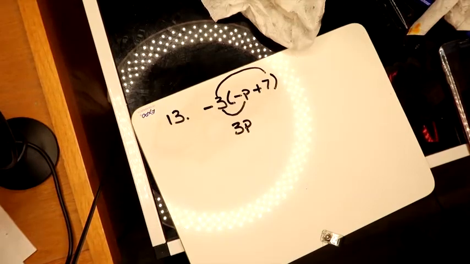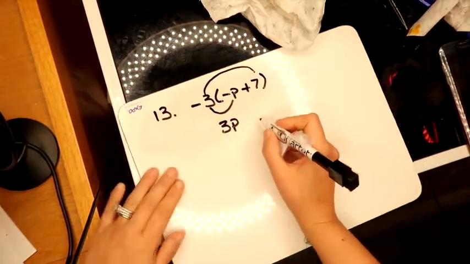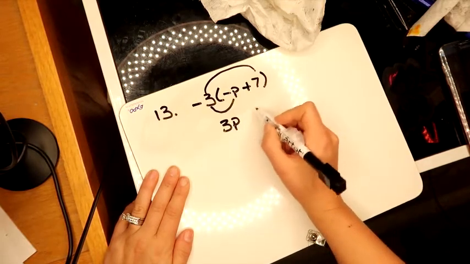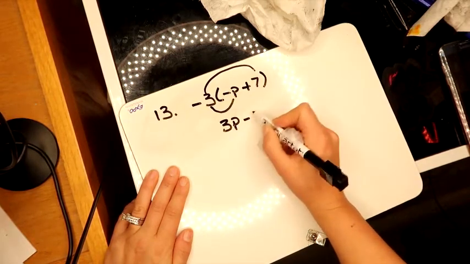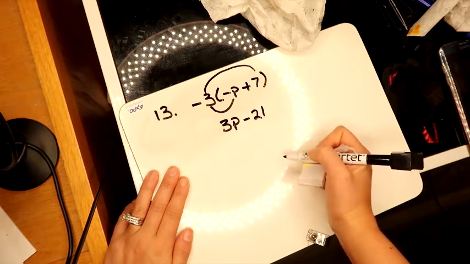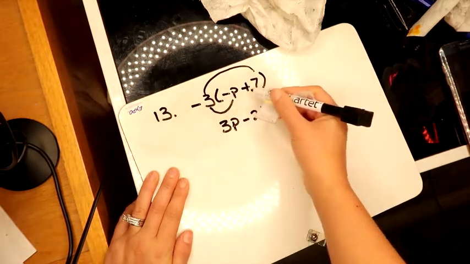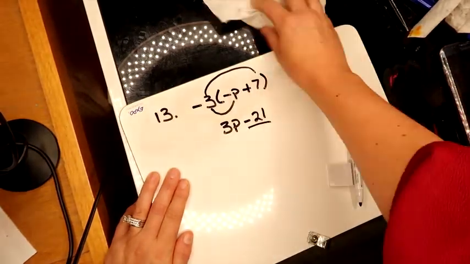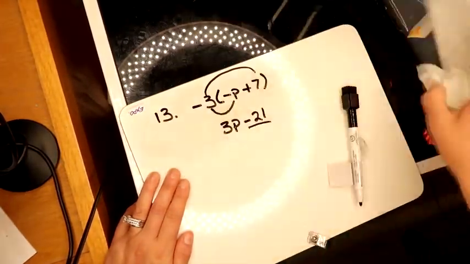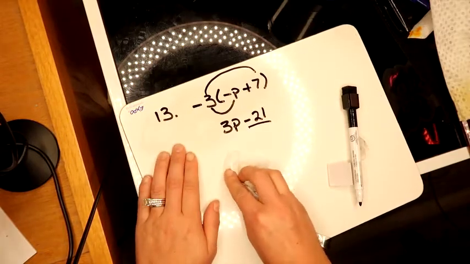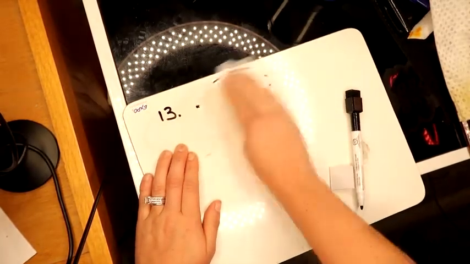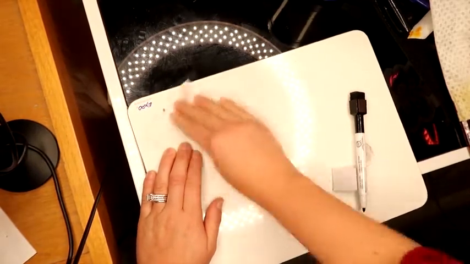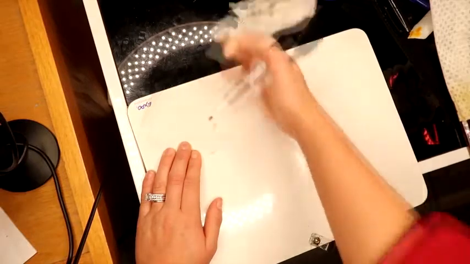All right, so my camera ran out of storage, so I had to quickly delete some things, but we have positive 3p and a negative 21, okay? Because a negative times a positive is going to be negative 21, because 3 times 7 is 21, and then you make it negative. You guys are going to be saying this in your sleep because I know I will be.